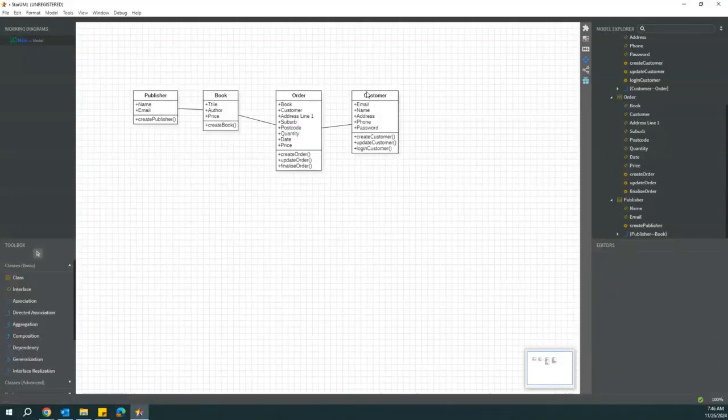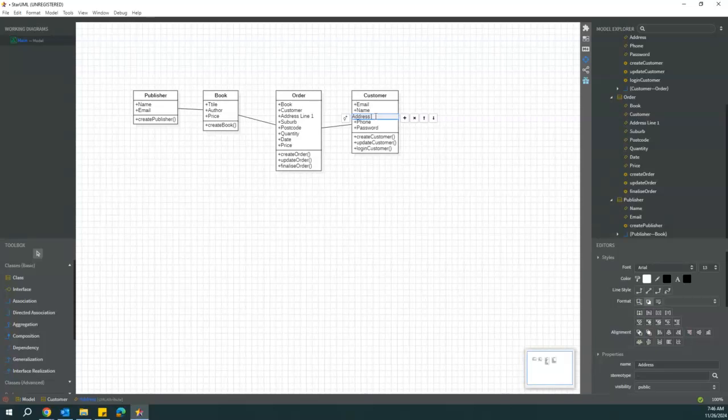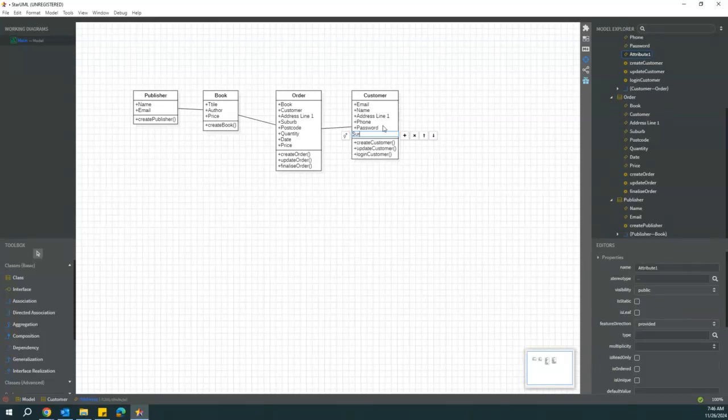And with the customer, we've probably got the same situation again. So having the address, we can break it up into those three parts. So we'll put them in suburb and postcode.